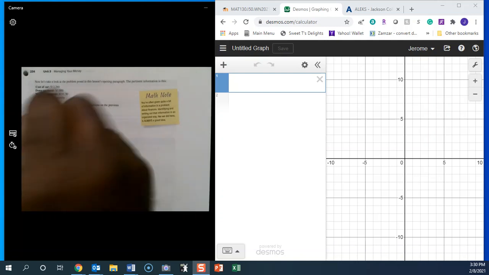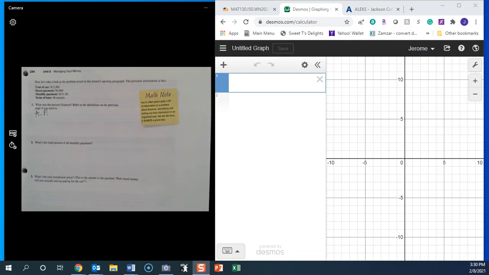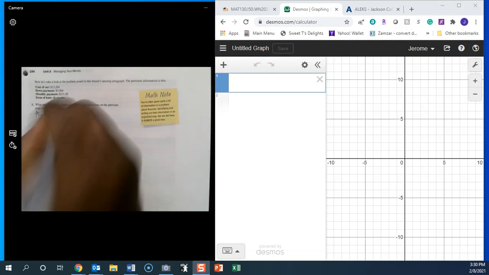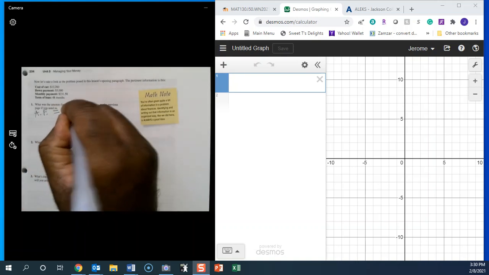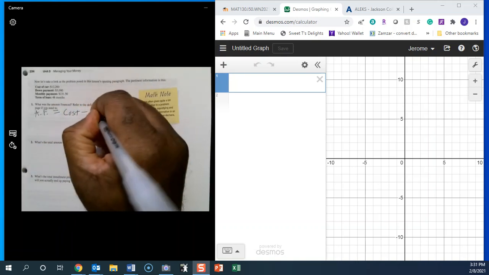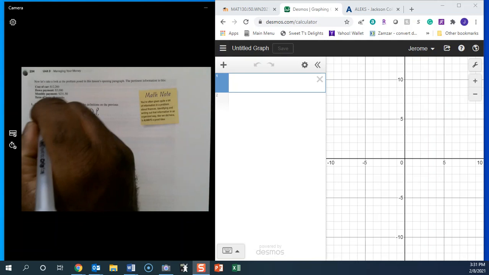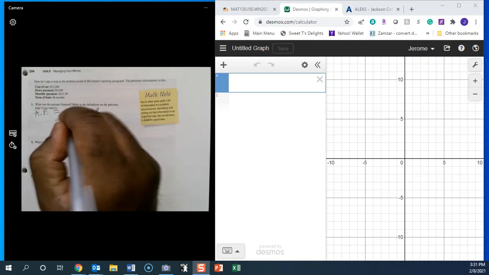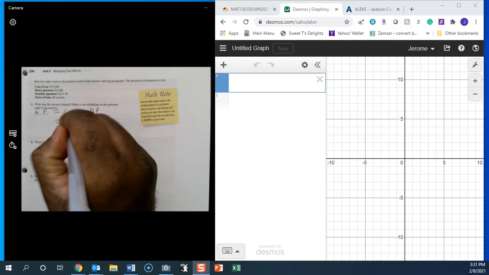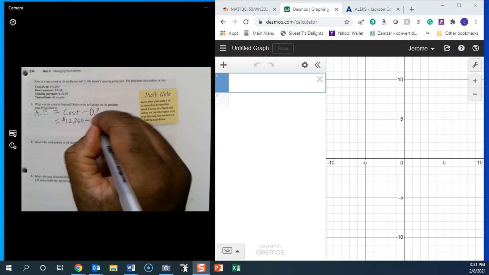Okay, now remember, I'm going to put AF, that's for amount financed. The amount financed is the cost of the item minus, and I'm going to put DP, that stands for the down payment. The cost minus the down payment. So the amount financed: the cost is $12,260 minus the down payment of $3,000.